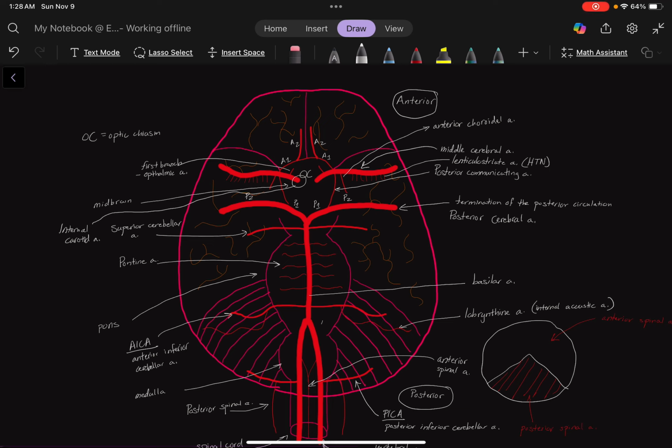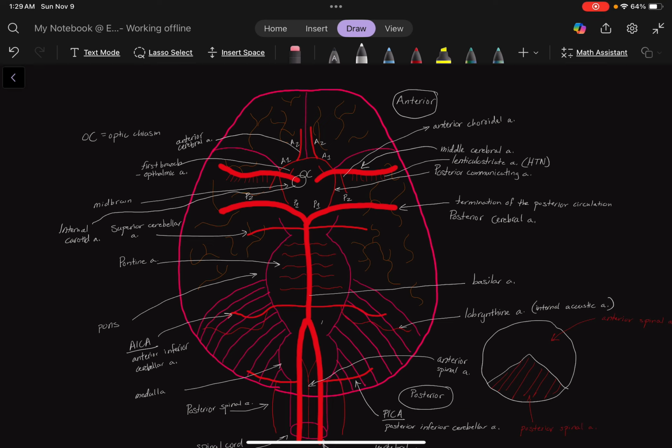And now we're at the top of the circle of Willis. So this whole thing right here would be the anterior cerebral artery.